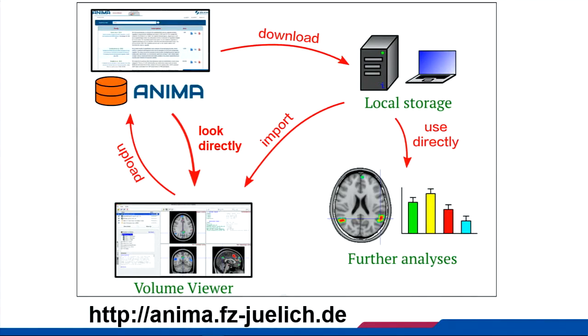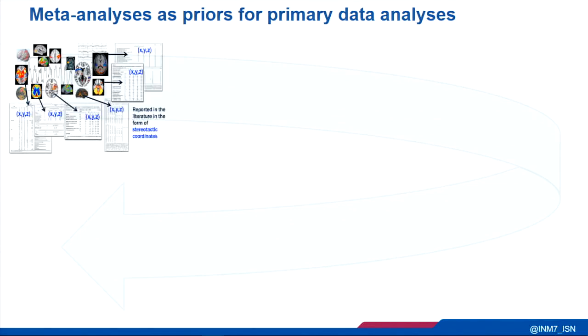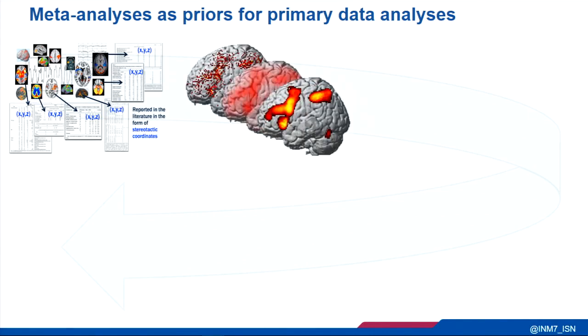The thing here is, with the database, we have now a lot of meta-analysis findings that you can then use to look at, but also download and actually use as a priori information for further studies. So the idea here is that you can use them as priors for primary data analysis. So there is this complex literature on a topic that you are interested in, working memory. Then you do the meta-analysis, or somebody else has done it, and you can now download it through the Anima database.